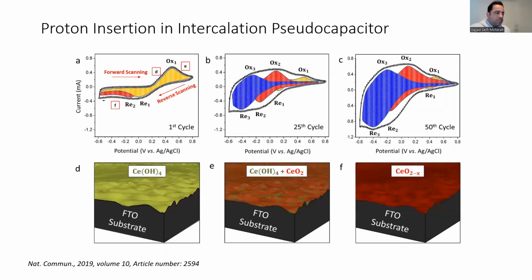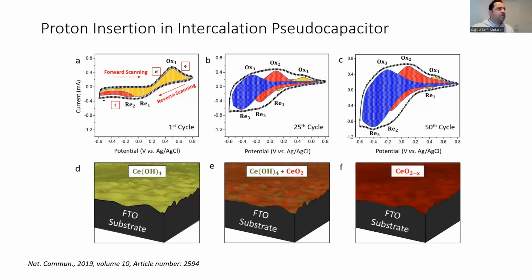So when we say reduction of cerium oxide, that means formation of oxygen vacancy. And that implies that if you have solid cerium oxide as a thin film on your substrate and you get a reduction peak, that means you actually form oxygen vacancy in your system.